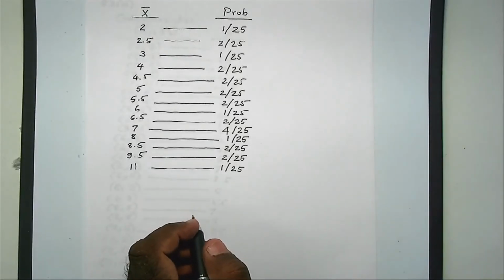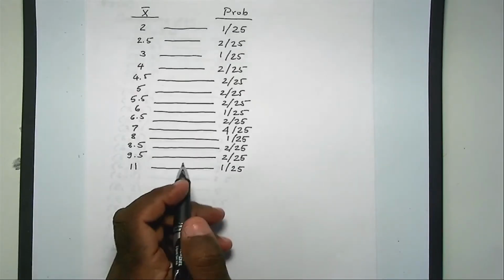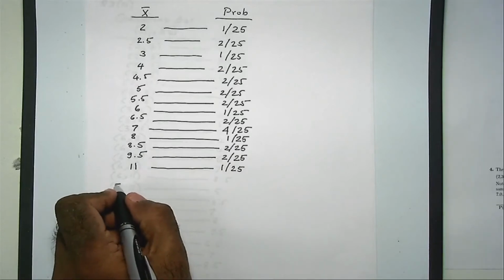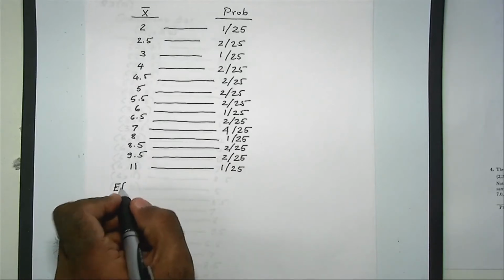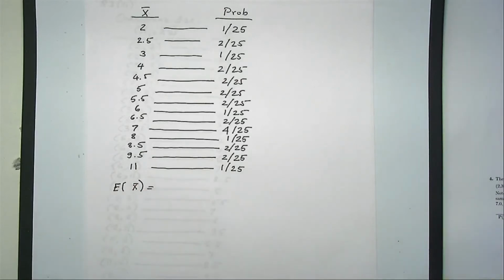Now, to answer the question, if you go back to question 3, part 3, the question was to find the mean and the variance of X bar. Right? All right, so let's start doing that. To find the mean, which is the expectation of X bar, you just use the standard formula.